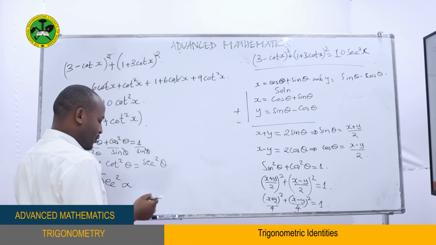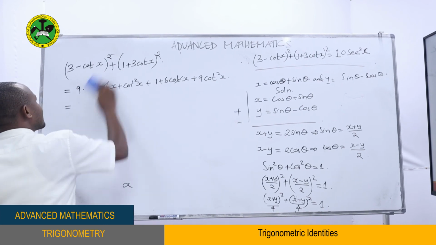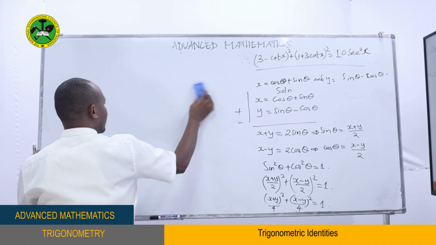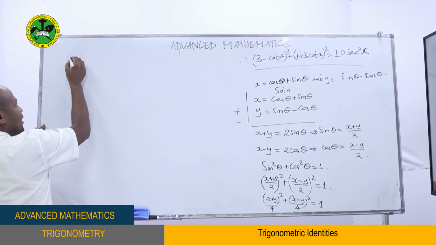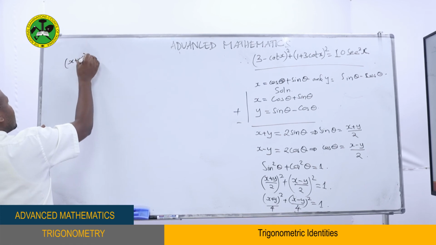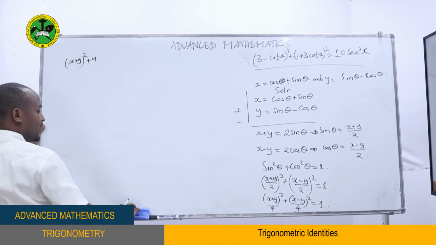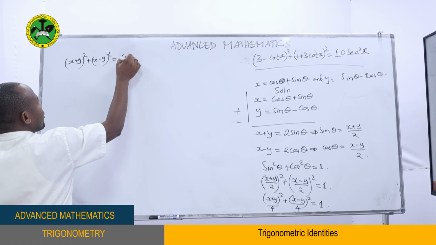Let's multiply the 4 to both sides and see how it looks. So we have (x plus y) squared plus (x minus y) squared equals 4.